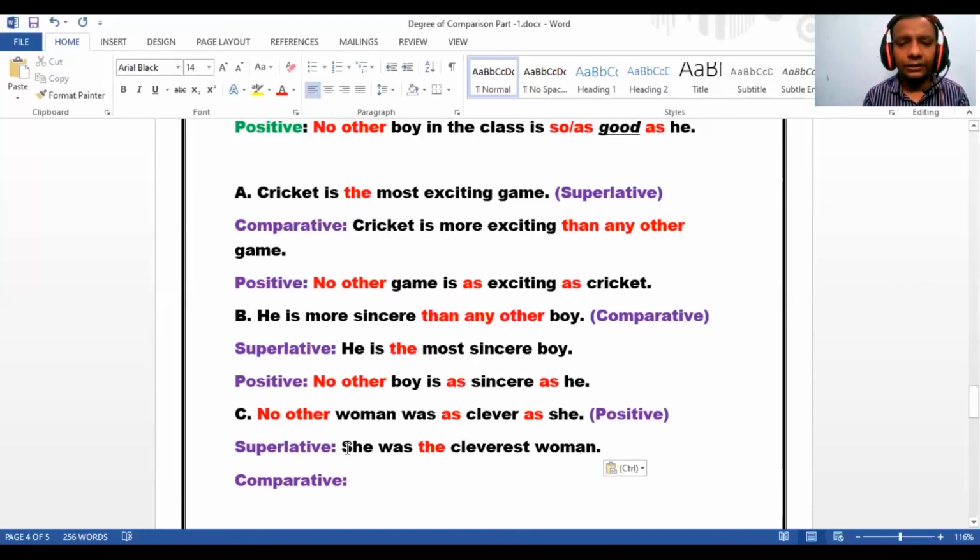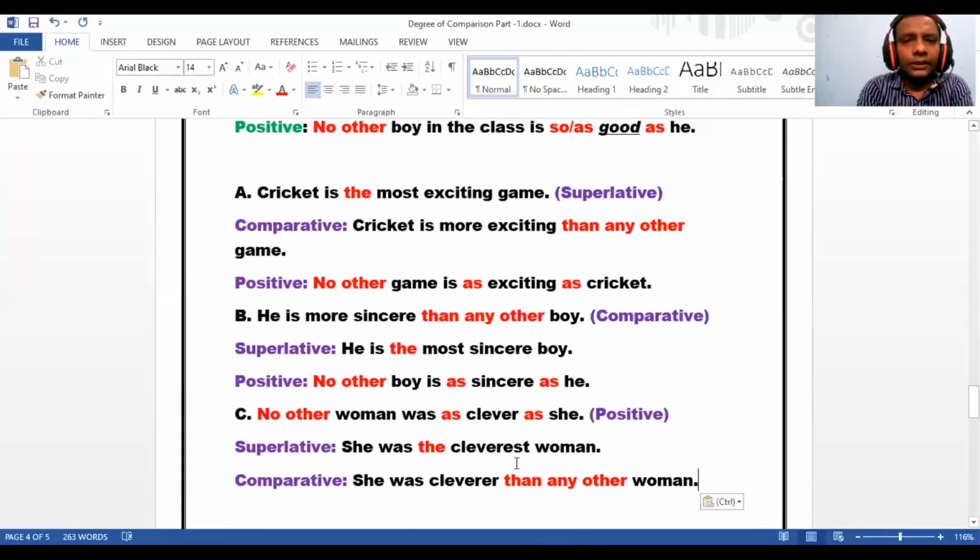So clever, the superlative form is cleverest. And for comparative, we must use at first subject and verb. She was, then clever will be cleverer. And according to the rules, we must use than any other woman. That's all.